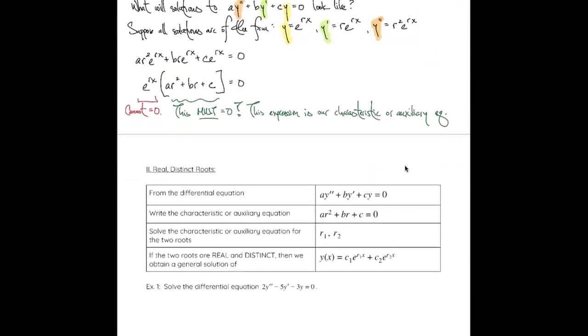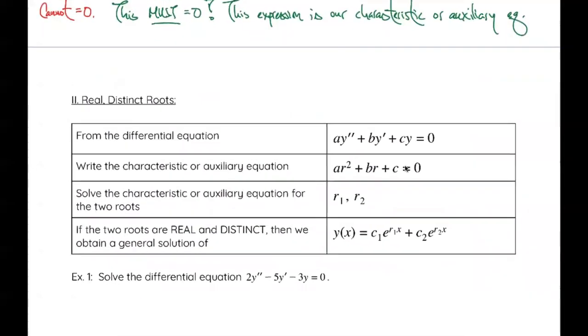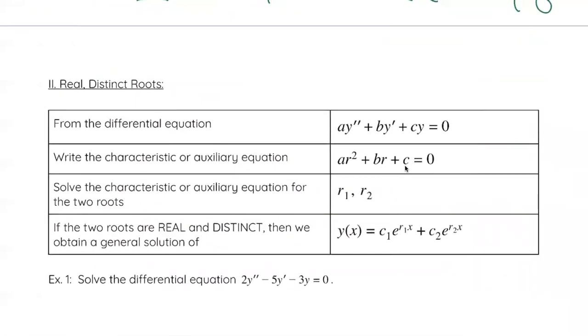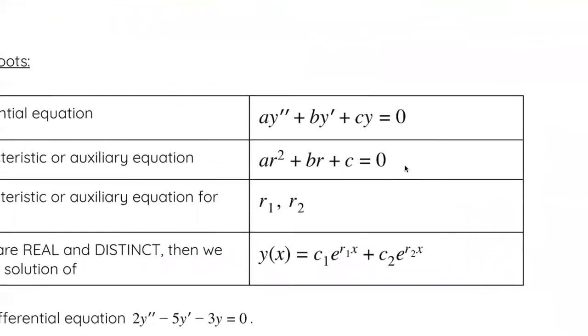That's the cool part, because we can take something that looks like a differential equation and borrow those constants for a moment to write an auxiliary equation. Because in order for our solutions to be true, we know that this has to equal 0. The differential equation is the one where we have the primes and double primes, but the characteristic or auxiliary equation is the one where we replace those with either the letter r, which is very common, or some textbooks prefer the letter m.